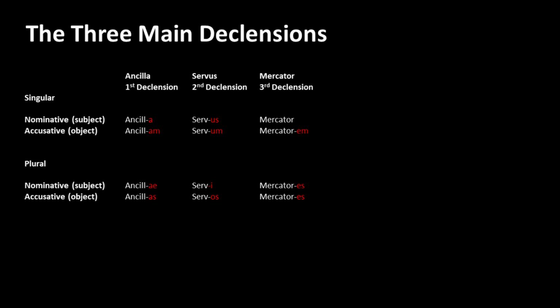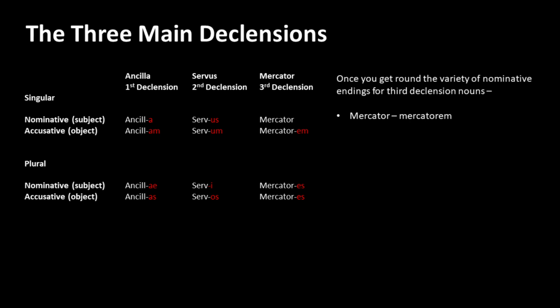Though this is a video about the dative case, not the cases in general, I think it's worth at least mentioning the third declension nominative singulars. Unlike the other 2 declensions, these have a variety of endings. Here are some examples.